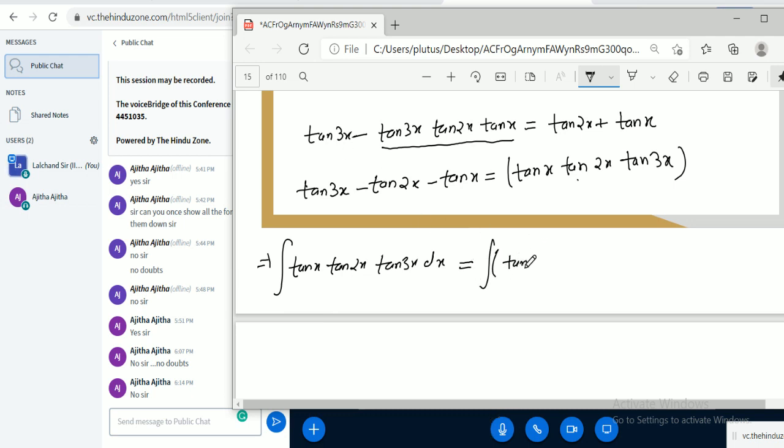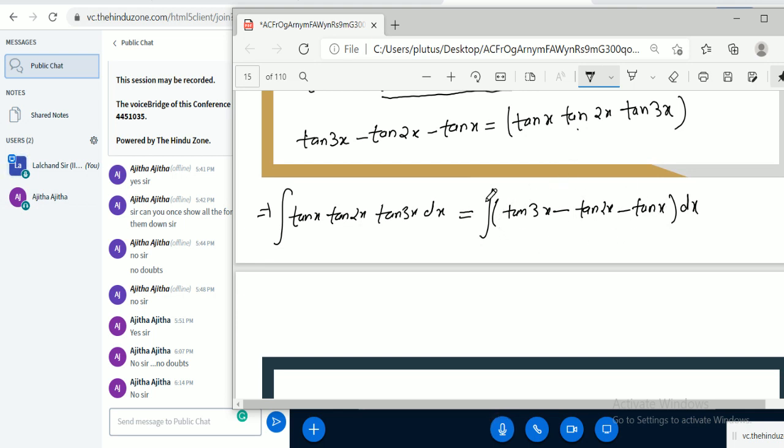(tan 3x minus tan 2x minus tan x) into dx. So now if we integrate all these terms, what will be the value of this integration?